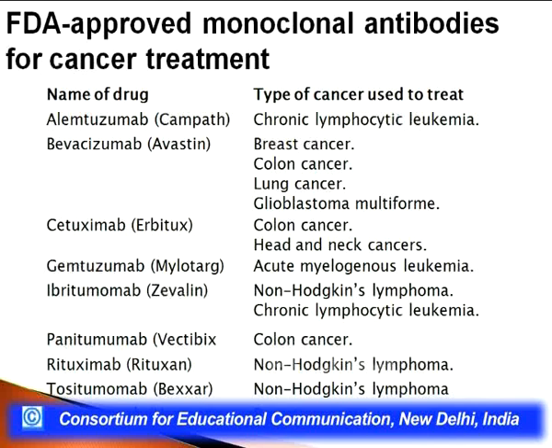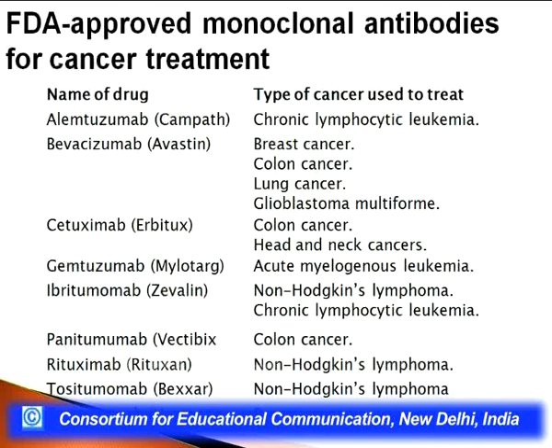The source for this slide is from the Mayo Clinic. The rituximab, which is called Rituxan, is used against non-Hodgkin's lymphoma and various other drugs. Monoclonal antibodies have other uses also against other diseases also, but this slide is specifically for the cancer treatment.